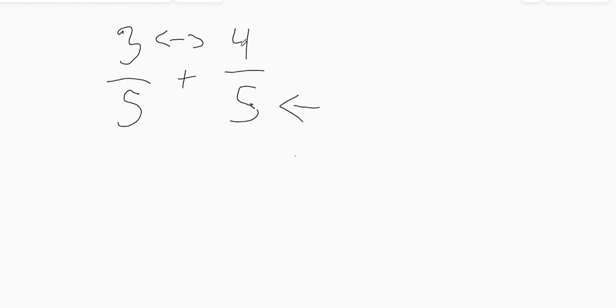So 3 plus 4 is 12. And this is going to be 5 because this is carried over in this direction. So your answer, 3/5 plus 4/5 equals 12/5.